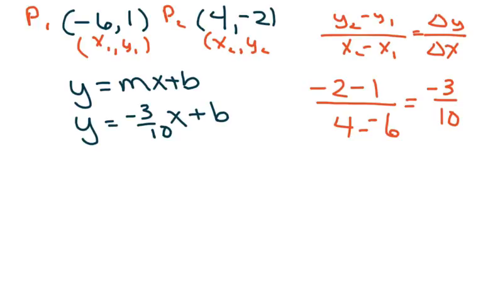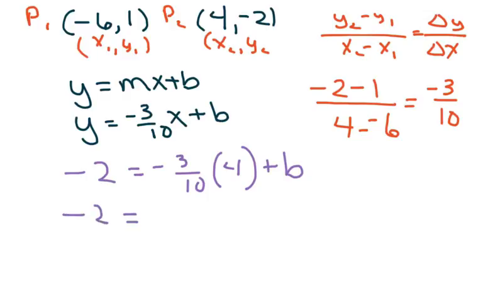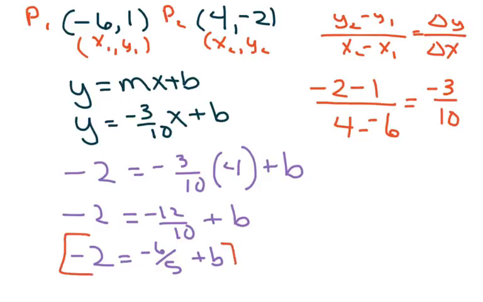Doesn't really matter though. So I'm going to have negative 2 equals negative 3/10 times x, where x is 4, plus b, and I'm solving for b. So I have negative 2 equals negative 12/10 plus b, and that's going to be negative 2 equals negative 6/5 plus b. Now, if you don't want to add fractions, what we could do right away is multiply everything through by 5. That's going to clear the fractions.